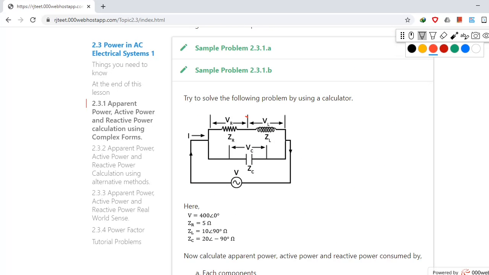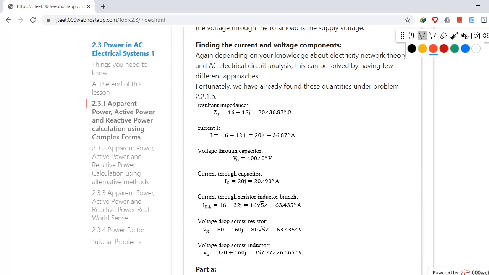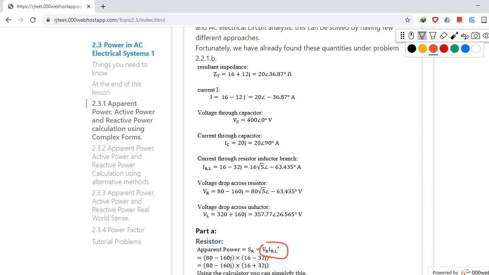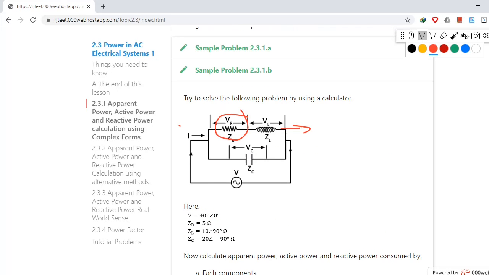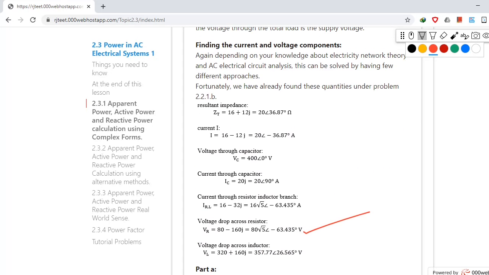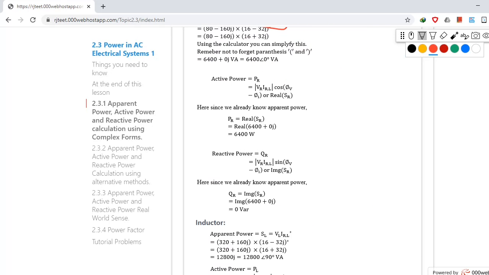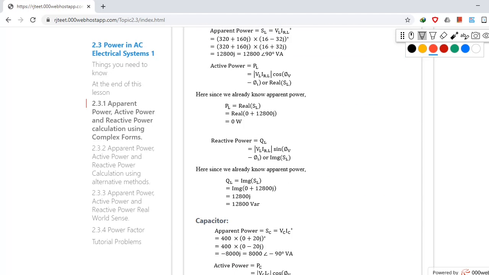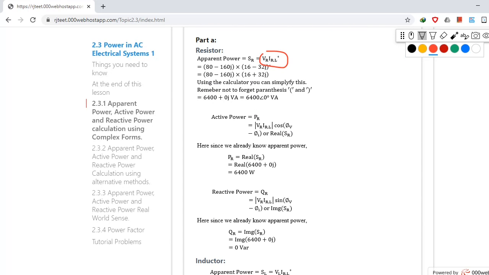So the resistor element we are talking about here, you know VR, and you need to know the current through this branch, the IR or IL branch. We have already calculated the current through this branch, it's here. Once you know these two things, you know how to calculate apparent power. And for the resistor, we get the apparent power in that way, this much.